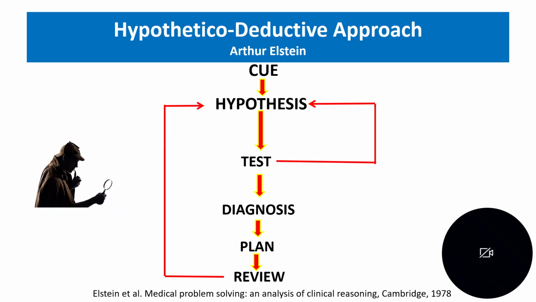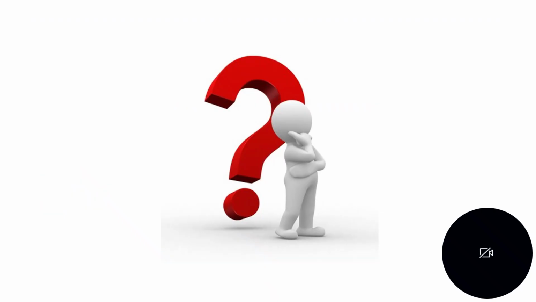And if that is not helpful, you're back to square one and you're looking for what else could cause tingling in the thumb and the index finger in one hand. Okay. Any questions?